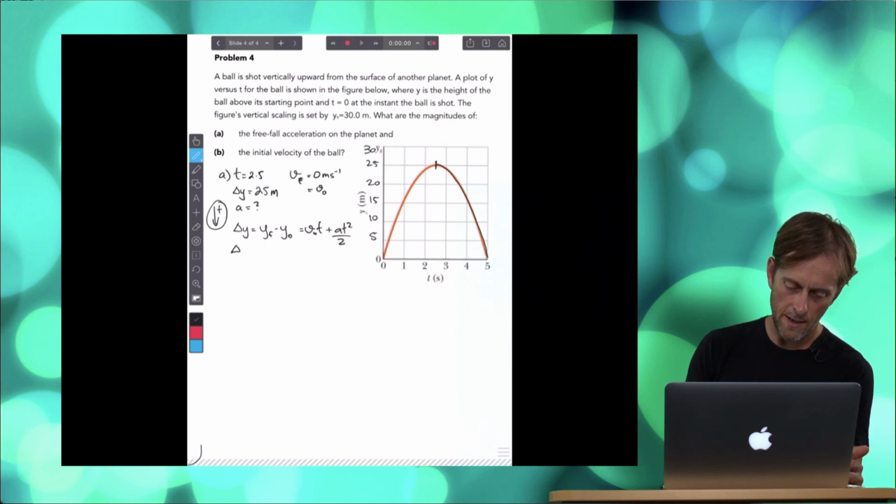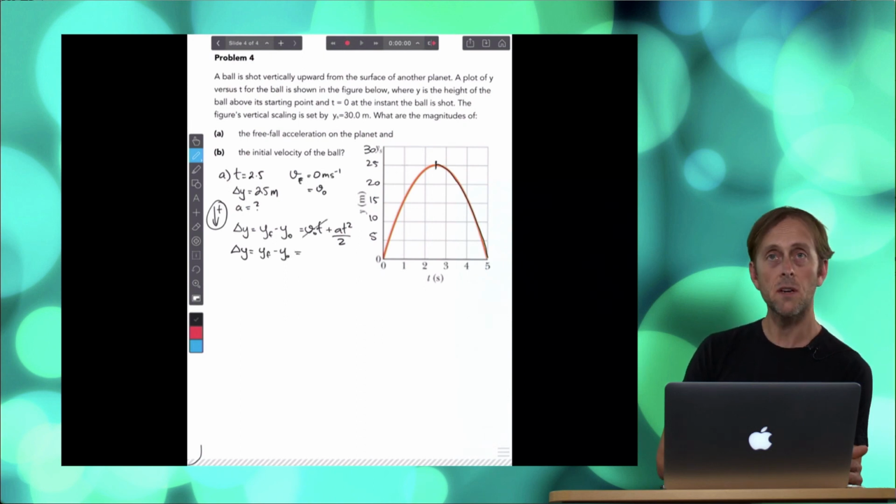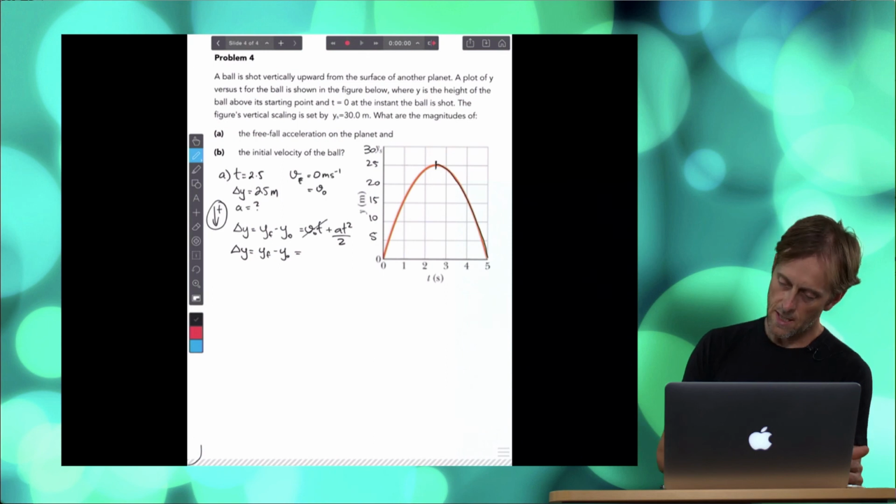So delta y, which equals yf minus y naught, is equal to, this is going to disappear because V naught was 0, at squared on 2.